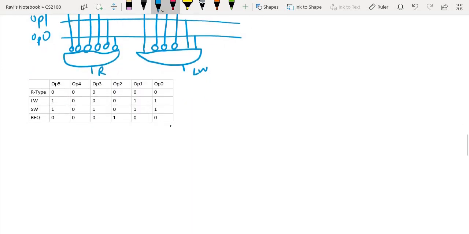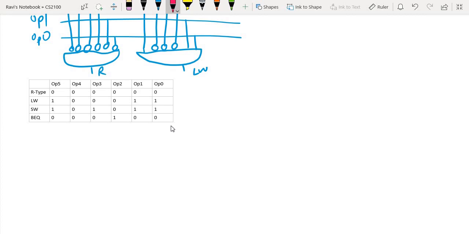Right now, I'm going to discuss another option where, instead of using all 6 bits, you try to use the least number of bits possible to generate the control signals. For this, you can look for unique patterns in the control signals that do not appear in the other instructions that we are trying to decode.